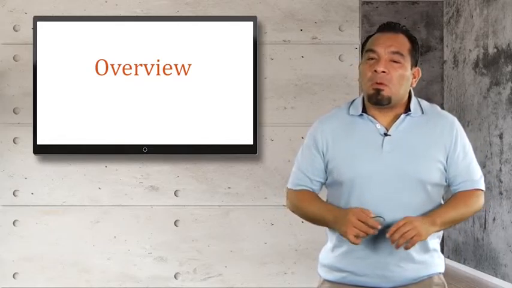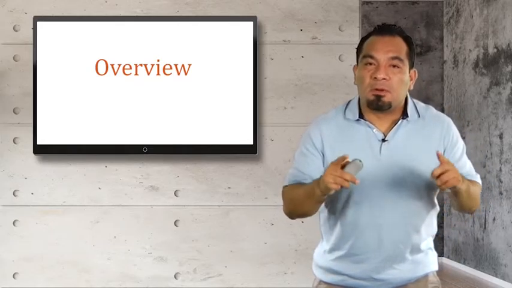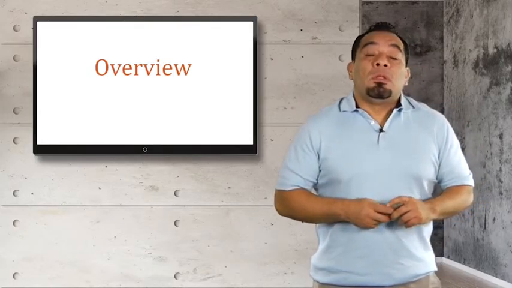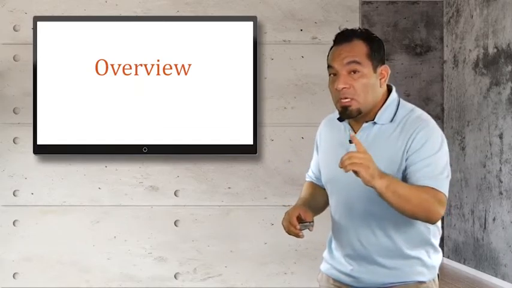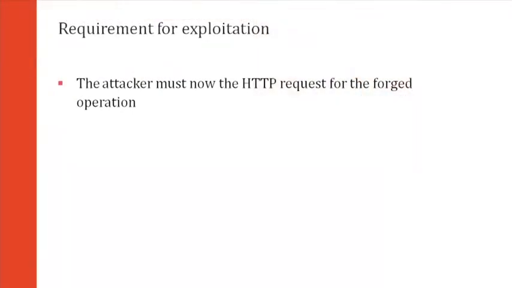So what are the requirements for this kind of exploitation? Well, the attacker must know the HTTP request for that forged operation. Normally, as I said, the attacker is going to attack specific operations inside that specific website. So let's suppose that an attacker wants to make a money transfer.